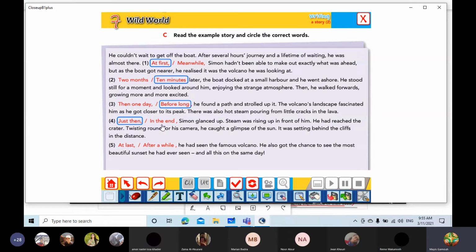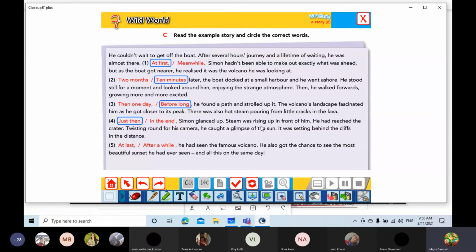All right, let's go back to it. Just then, Simon glanced up. What is the meaning of glanced up as I gave it to you? He looked up. It's a way of looking, a quick glance.